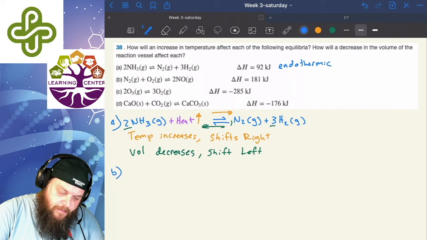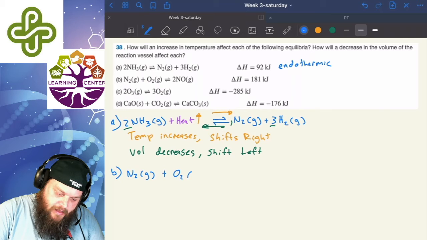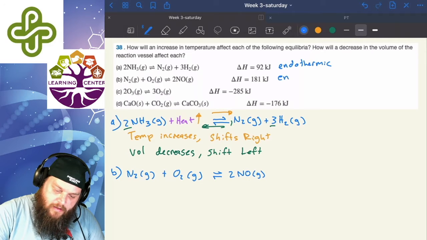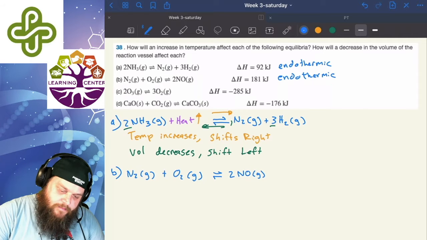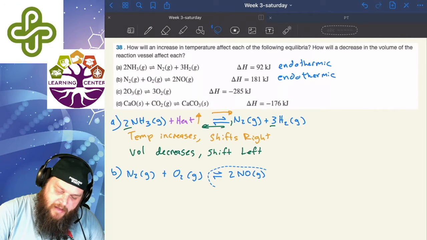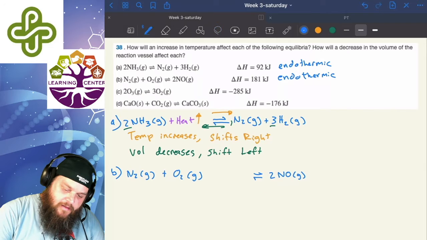So for part B, we have N2 gas plus O2 gas is in an equilibrium with 2 NO gas. And here again, we're endothermic. So again, I'm going to add heat as a reactant.